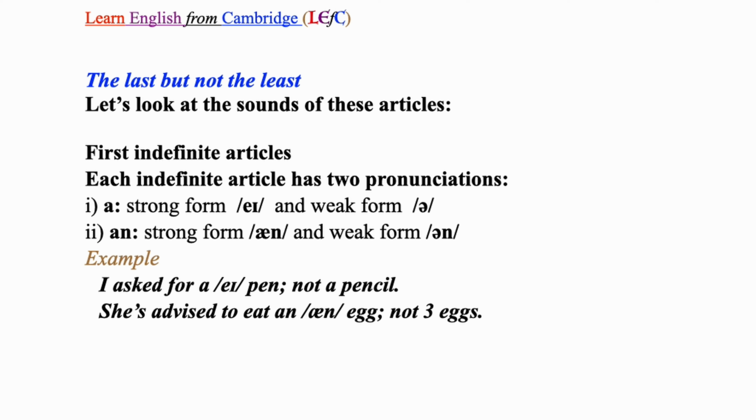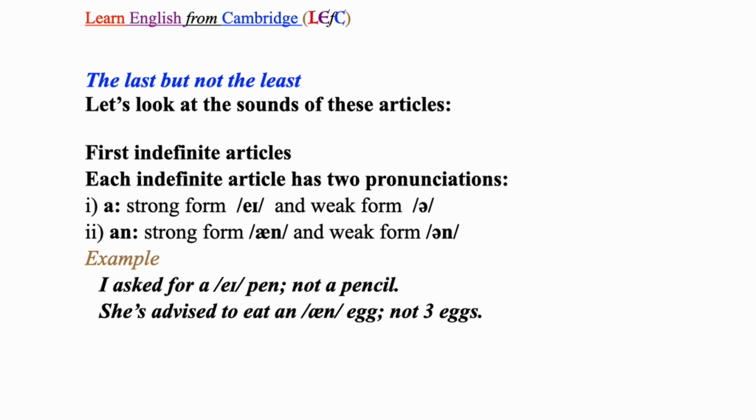Its strong form is pronounced ay. Its weak form is pronounced uh. This is a schwa sound, and it is the weakest sound in English. Any syllable that has this sound is unstressed.